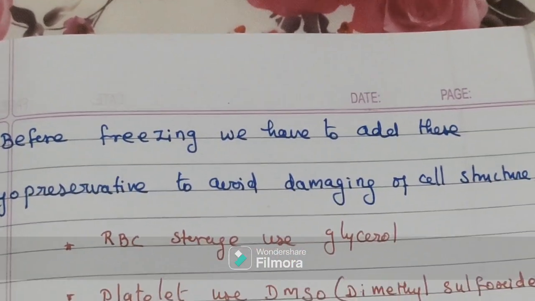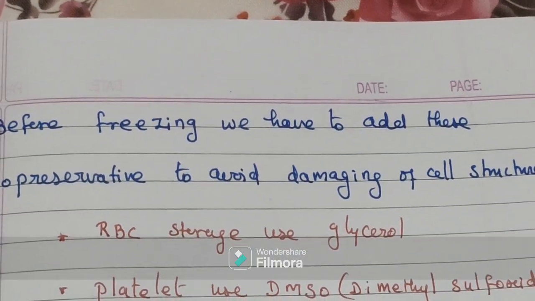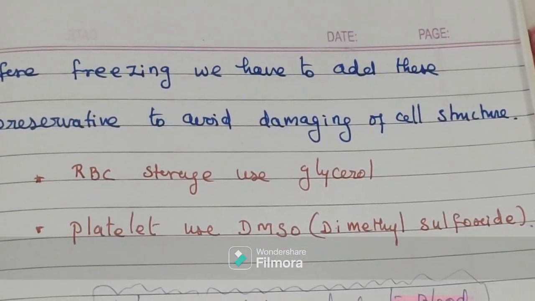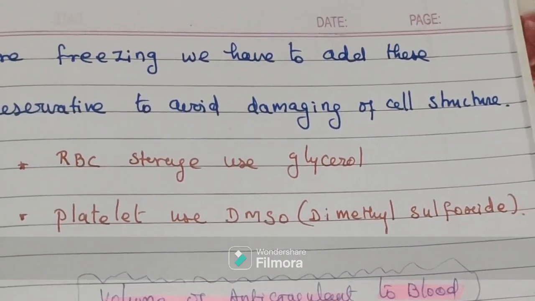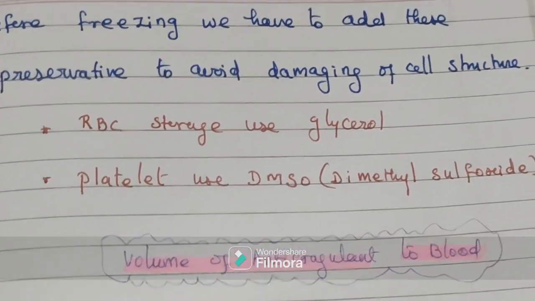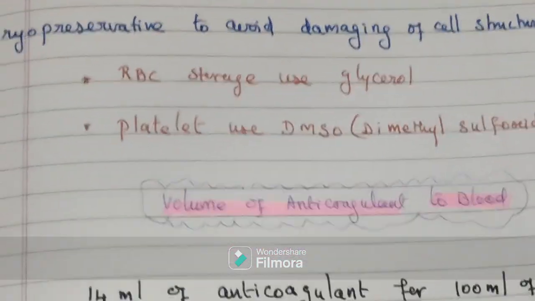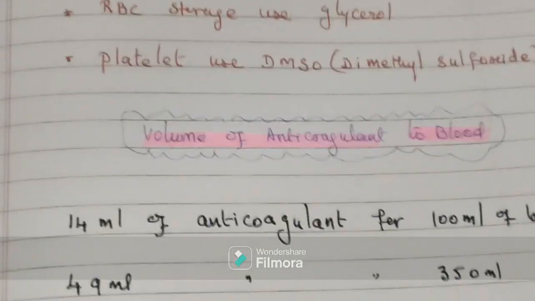We can store blood at 4 degrees, but in cryopreservation we add glycerol in the case of RBC, and dimethyl sulfoxide in the case of platelets.